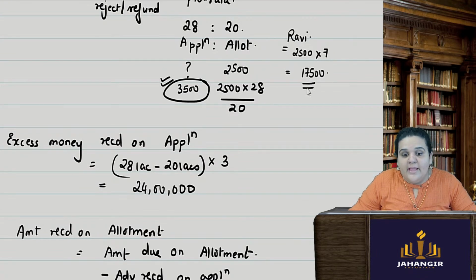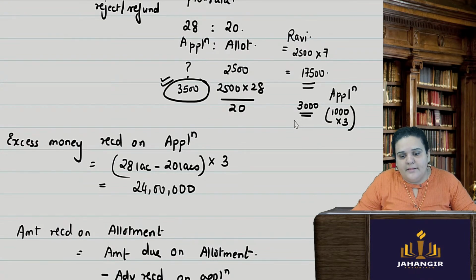But I have received some excess amount at the time of application. He had applied for extra 1,000. He had applied for 3,500 shares. So at the time of application, I have received 3 rupees for 1,000 shares. That is 3,000 excess money received on application. So actual calls in arrears is only 14,500 of Mr. Ravi.